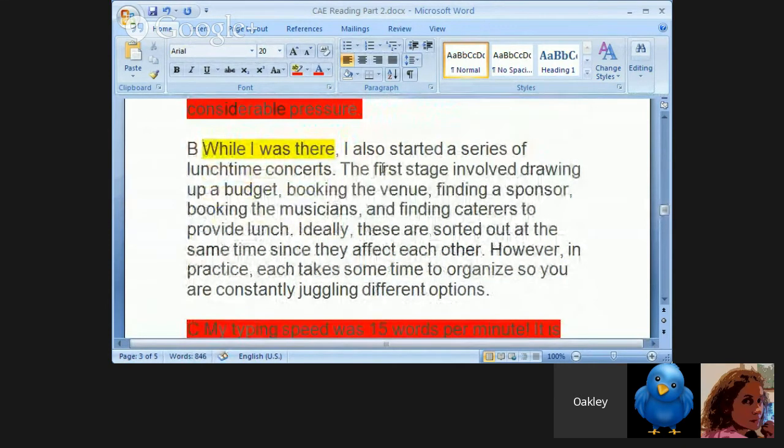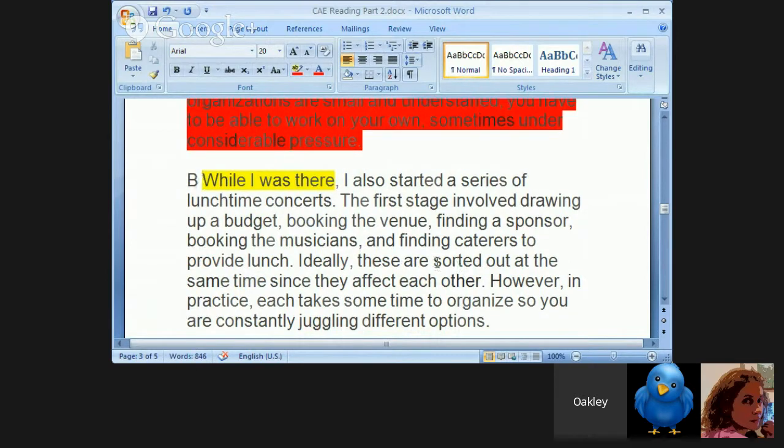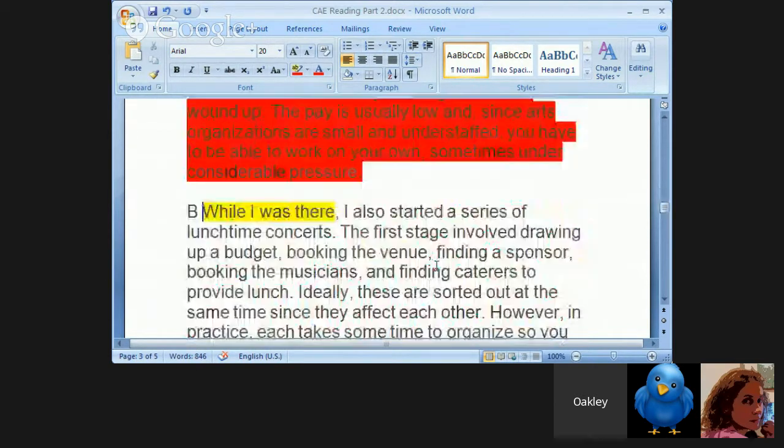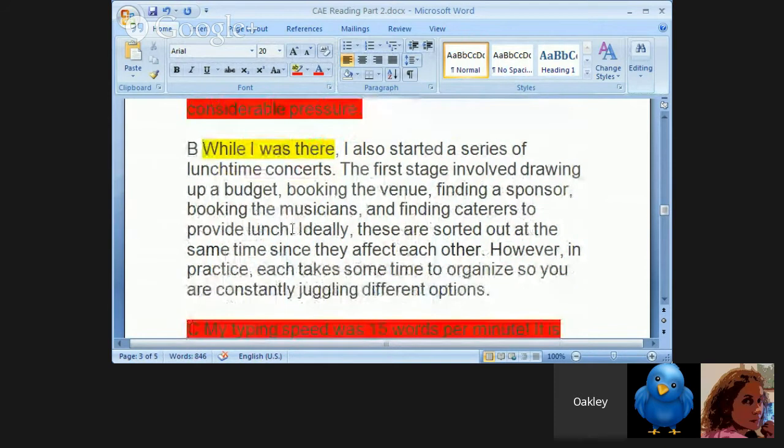While I was there, I also started a series of lunchtime concerts. Okay. No. While I was. Okay. Oh, which makes sense. It's got to go with that job, because that's what that job is. If you're a community organizer, lunchtime concerts. Okay.